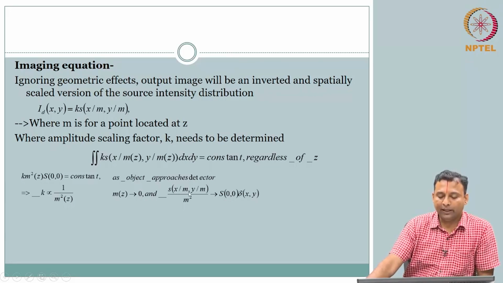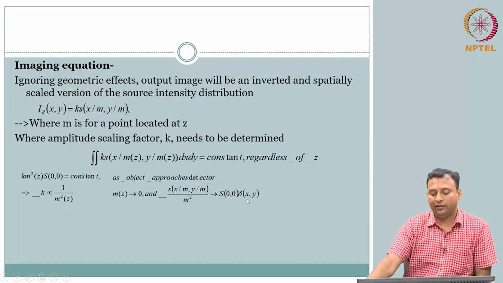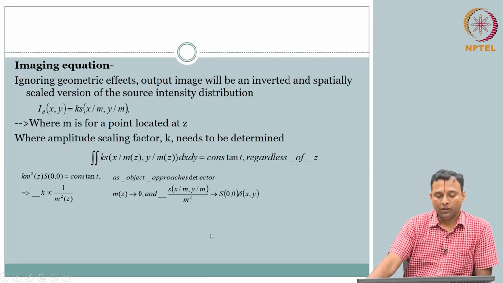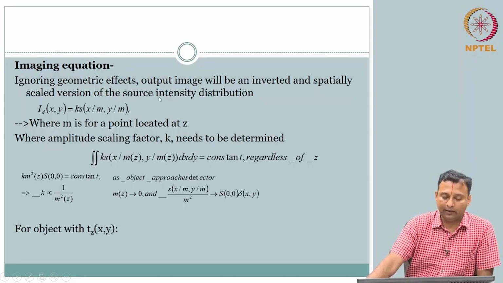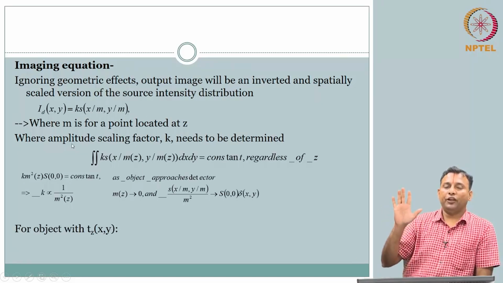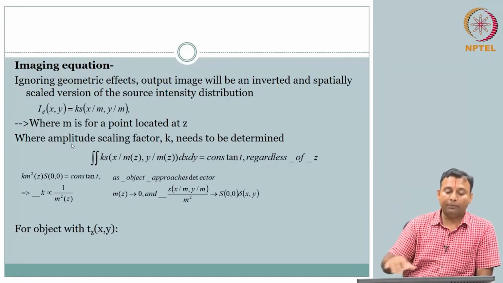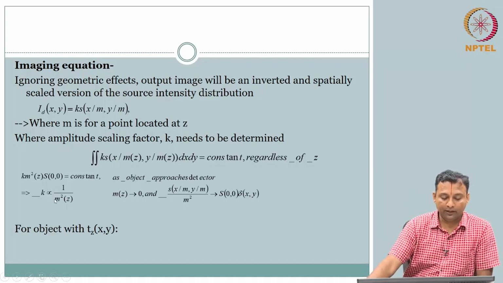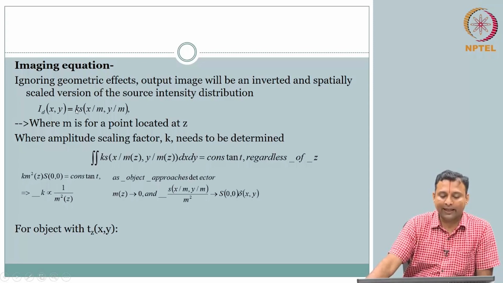So s of x by M, y by M square, everything is packed in the delta function. So in this sense, you can take the effect of the magnification factor and the depth dependent magnification factor, right. So M of z captures one in terms of the other. So we can get a k.